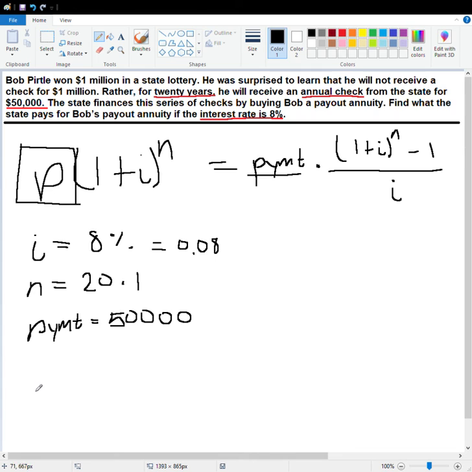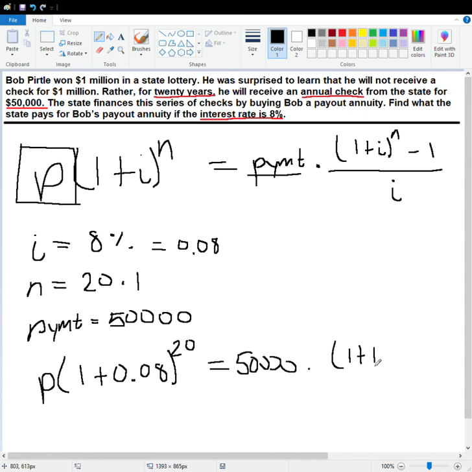And so we have P times (1 plus 0.08) to the power of 20, and we'll have 50,000 for payment times our ratio here. We're going to do the same: (1 plus 0.08) to the power of 20 minus 1, and I'm going to put this in brackets just to make it a little more clear, over I, which is 0.08 again.